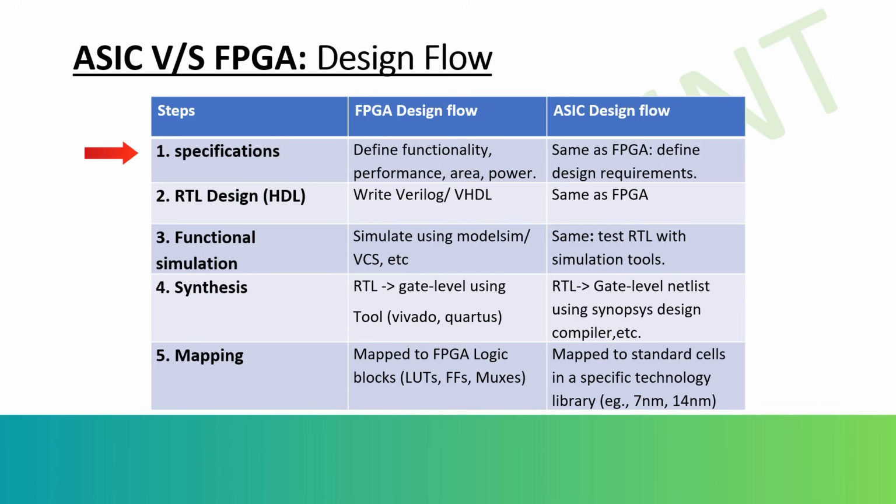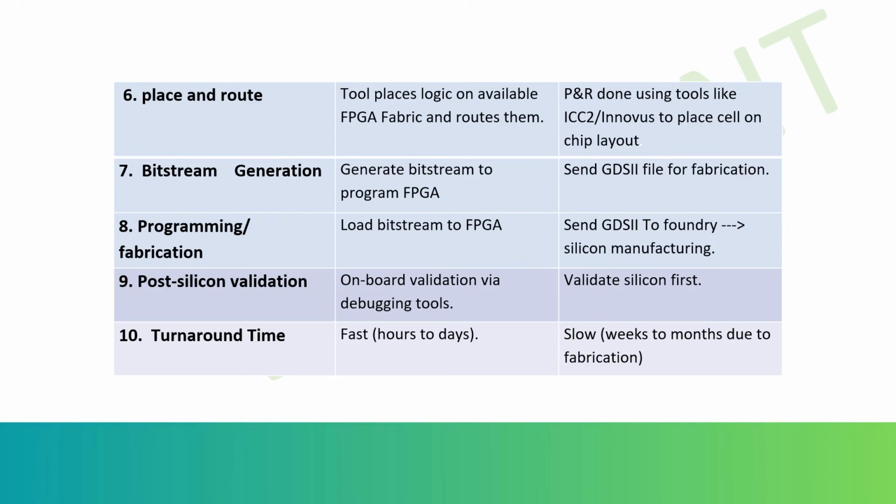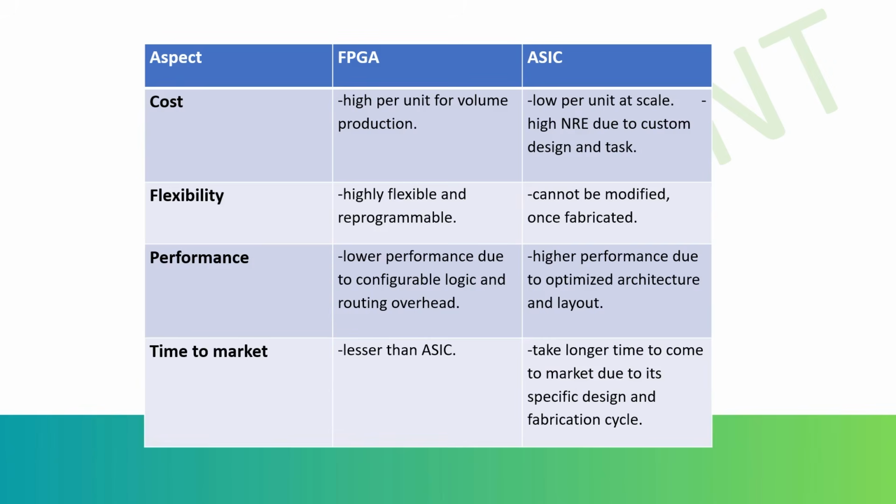FPGA is reprogrammable anytime, but ASIC is fixed after tape out. FPGA provides lower performance due to general architecture, however ASIC provides higher performance because it is custom optimized. In terms of power efficiency, FPGA is less efficient and ASIC is more efficient. Time requirement is very less in case of FPGA, but it is huge in case of ASIC. Similarly, some other differences are there which you can see here.